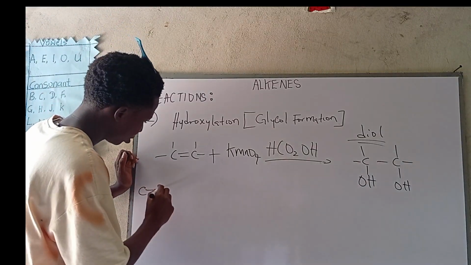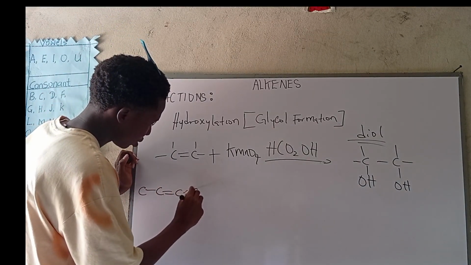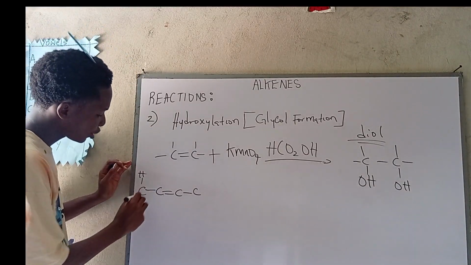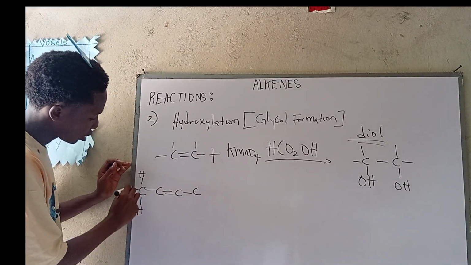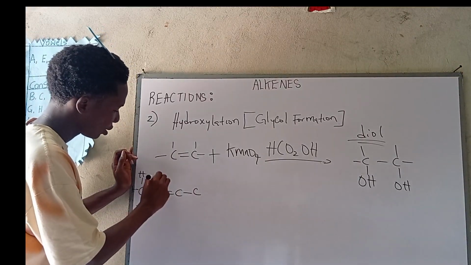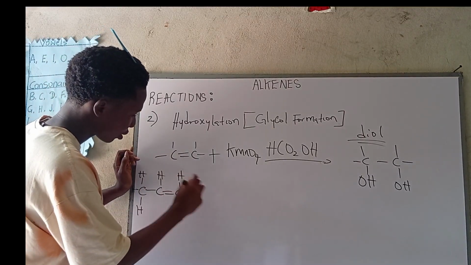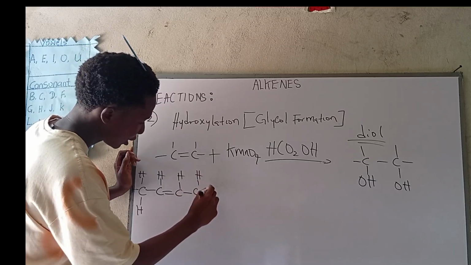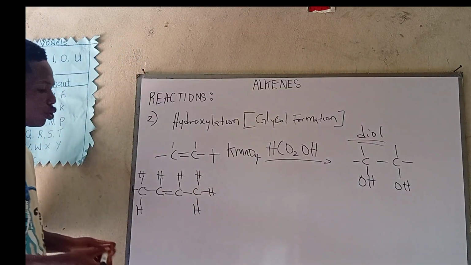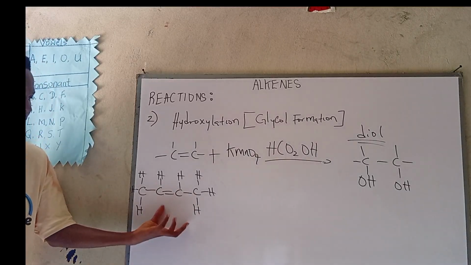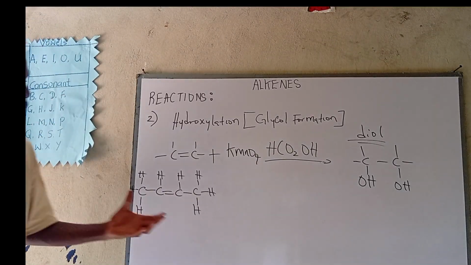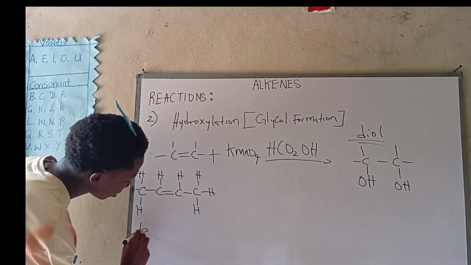One, two. Using butene, balance your hydrogen, please. Space might not let me, but we still have to find a way around it. Now this is how but-2-ene looks like.